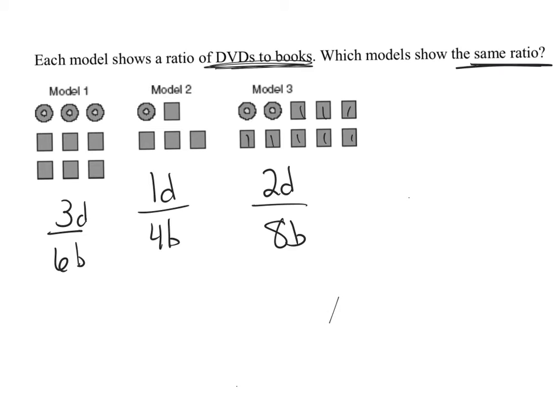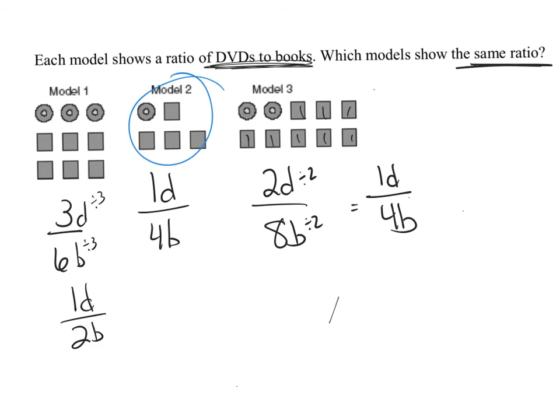So we can see that 3 DVDs to 6 books can also be written as 1 DVD to 2 books, because by dividing this by 3, dividing this by 3. Okay, but this one is 1 DVD to 4 books. So these two are not. So let's do this one. This one can be divided by 2, and also this one can be. So this is 1 DVD to 4 books.